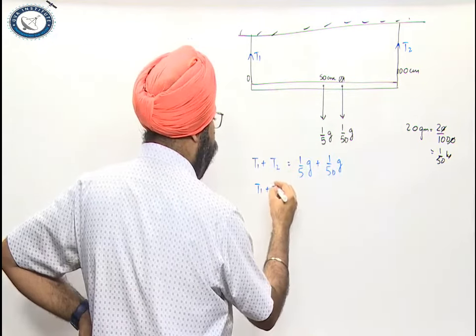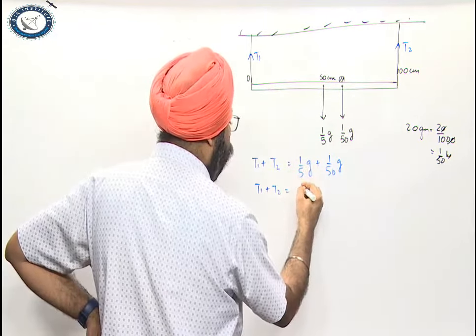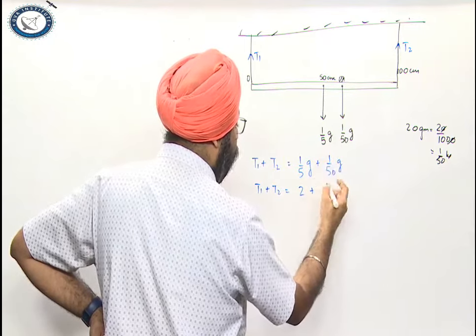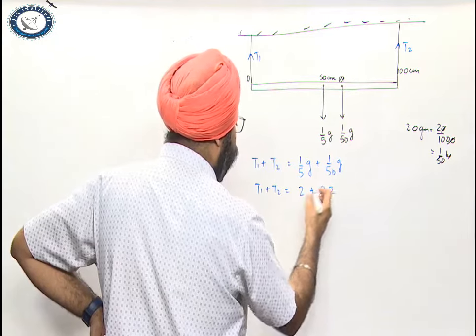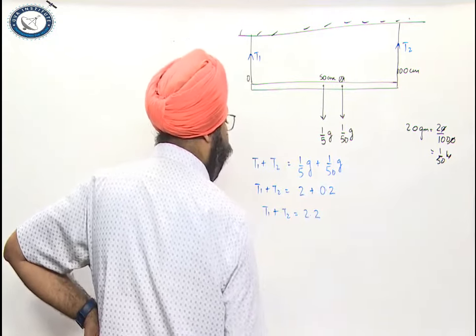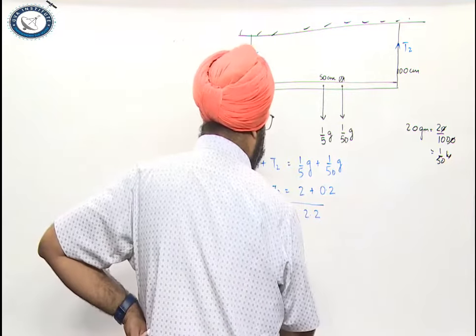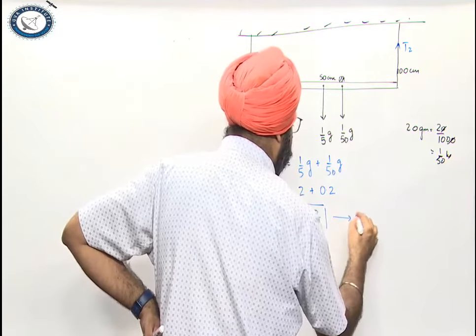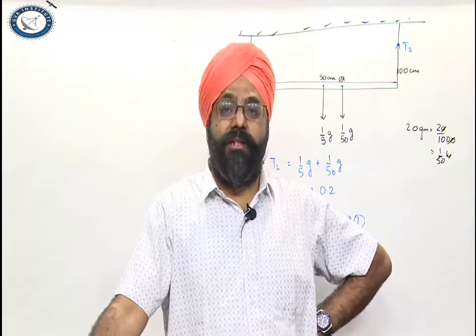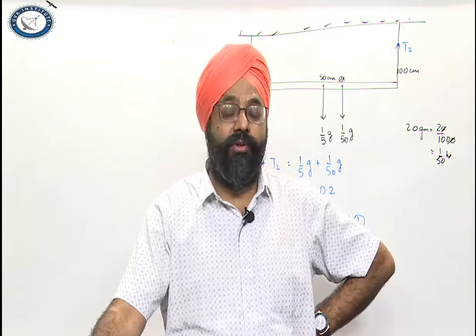So T1 plus T2 is 2 plus 0.2, so T1 plus T2 is equal to 2.2. This is my equation number 1. In equilibrium, the net force in the upward direction must be equal to the net force in the downward direction, so we have equated the forces.